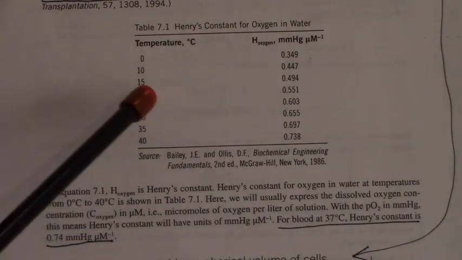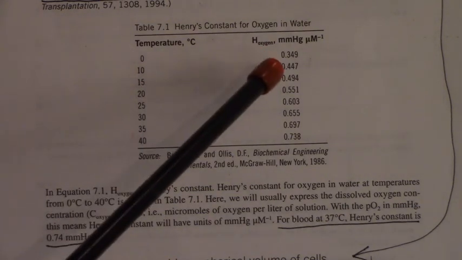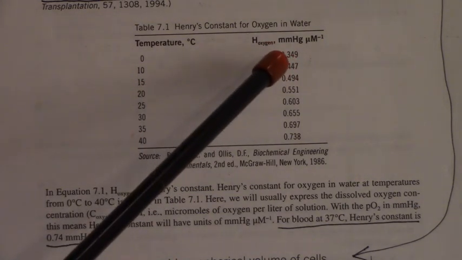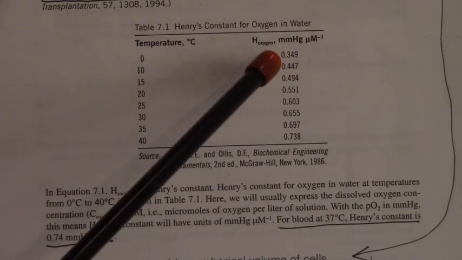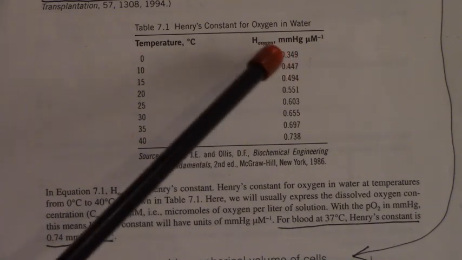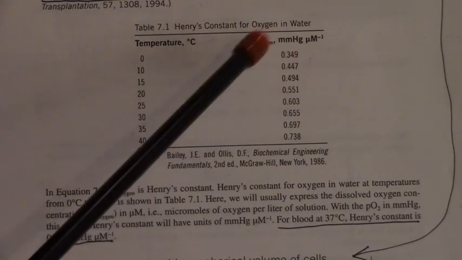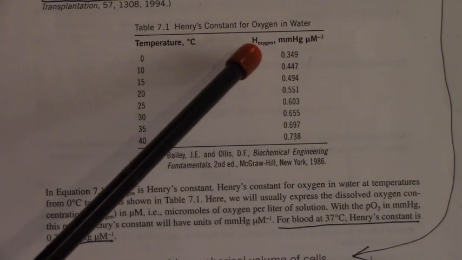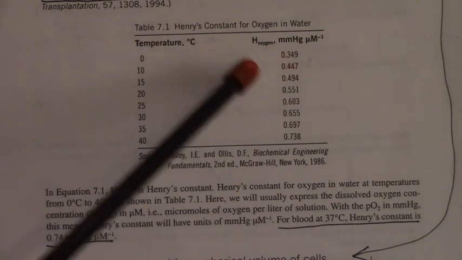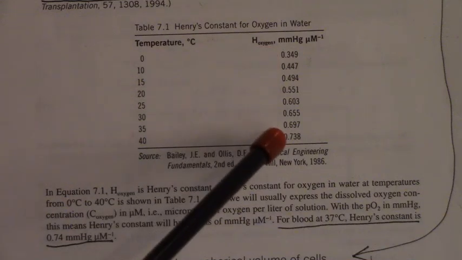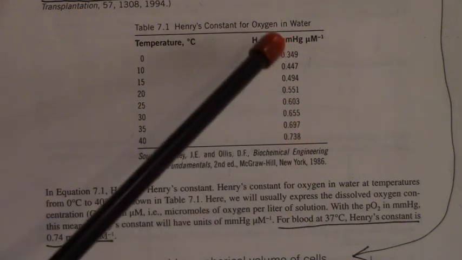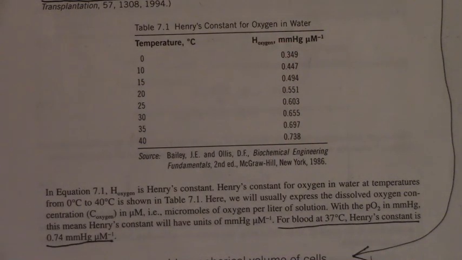But one of the things this shows is that the concentration of oxygen, say in water, is directly proportional to the PO2 from Henry's law and inversely proportional to the Henry's constant. So you can see at low temperatures the Henry's constant has a much smaller value than it does at higher temperatures, and this accounts for the higher solubility of oxygen in water at lower temperatures.